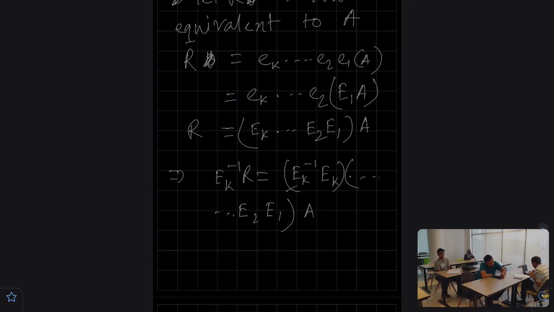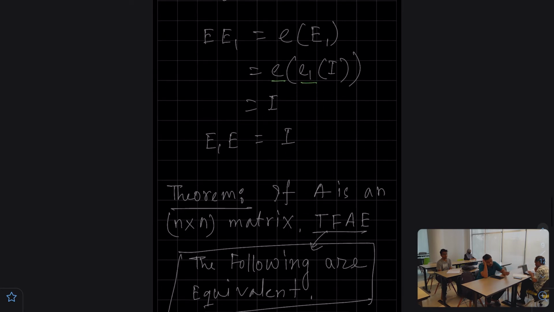So this is just the identity matrix, and you can take this operation again and again, right? And then A will be E1 inverse, E2 inverse, EK inverse with R, right?